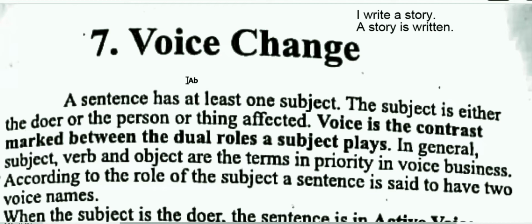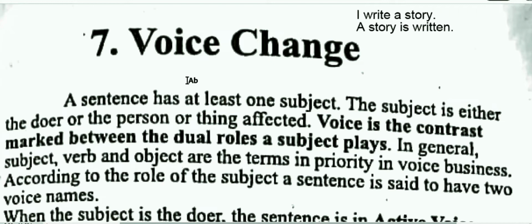But what is different is, in the first sentence, the subject I is the doer of action. Doer means do. The subject I does something here, like a teacher teaches. The teacher is a person who does something.